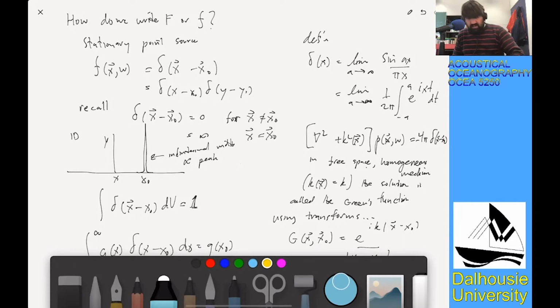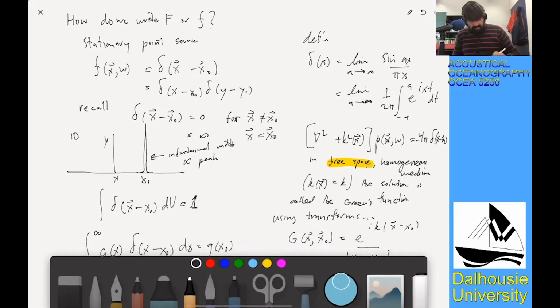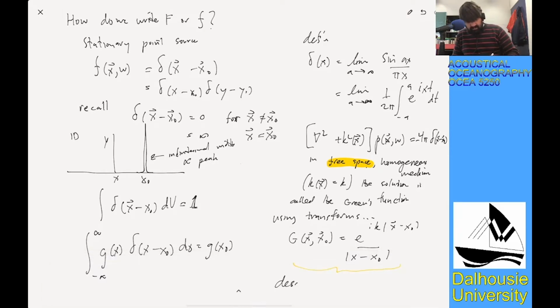Free space. Very important, because we were talking about surface before. So this describes propagation between any point x and x naught, where the source is located.